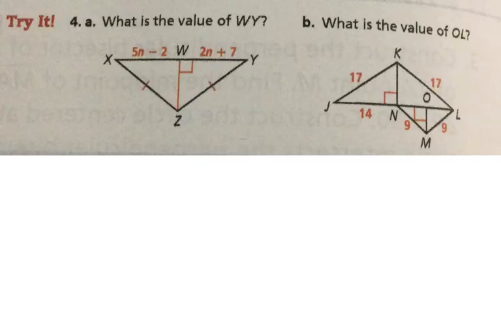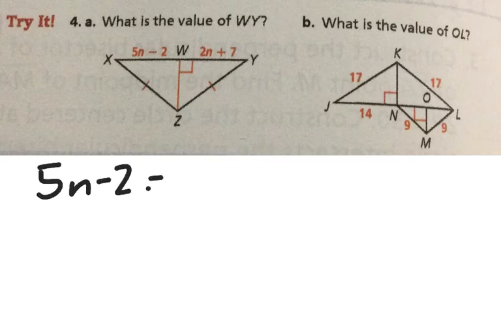Okay, so when we look at 4a, how did you get 13? I did 5n minus 2 equals 2n plus 7. We know that those are equal because this line is a perpendicular bisector, because these two sides are equal.